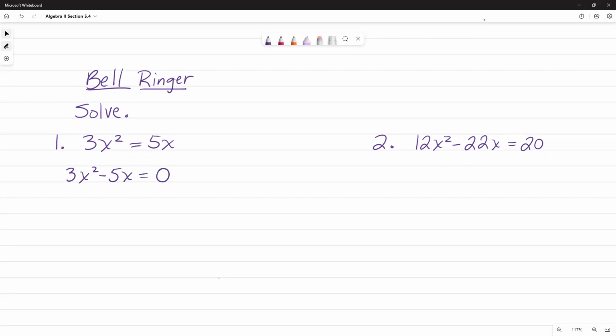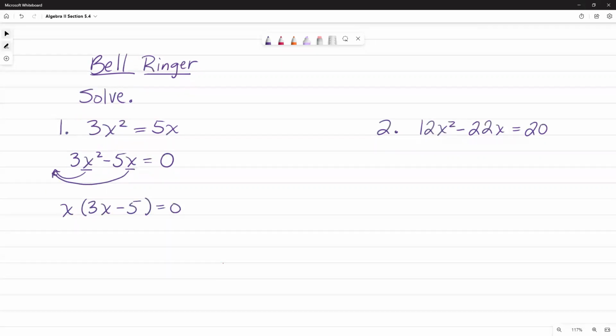We've got 3 and 5, they're both prime. We don't have a constant, but what we can do in this case is we have a greatest common factor. So the greatest common factor in both of these is x. So I'm going to factor out my x, and I end up with x times 3x minus 5, and that equals 0.